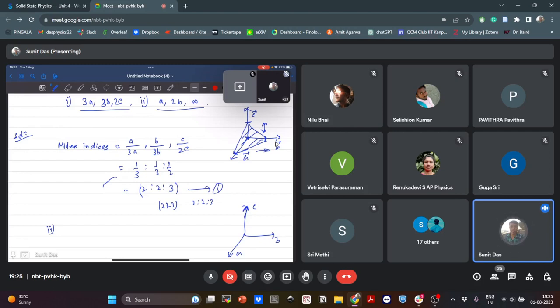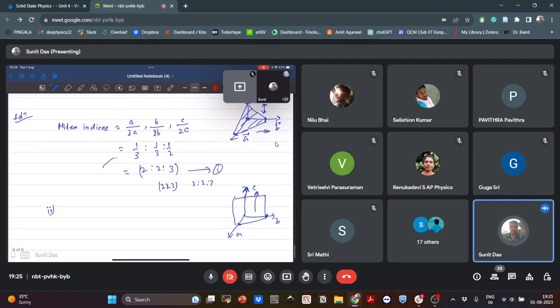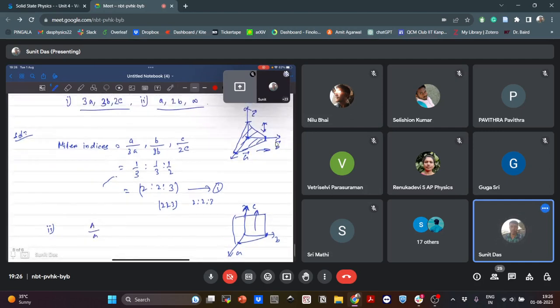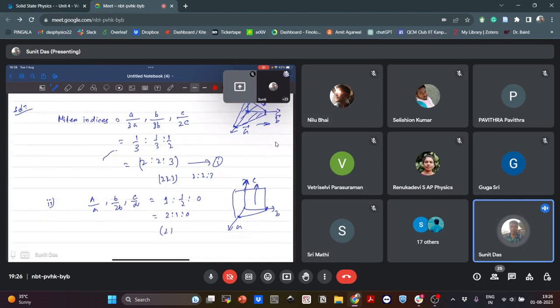It will have intercepts at, let's say, a and 2b, some plane like this one, where it is parallel to the c. Then, following the same procedure, a by a in this case, b by 2b, and then c by infinity, equal to 1 is to half is to 0. So 2 is to 1 is to 0, or 2 1 0.